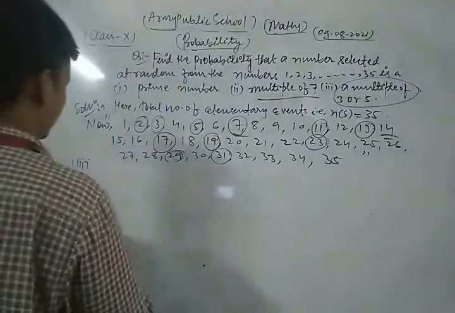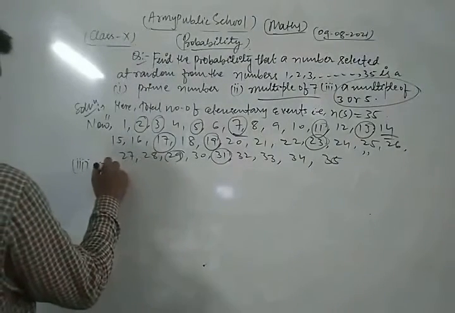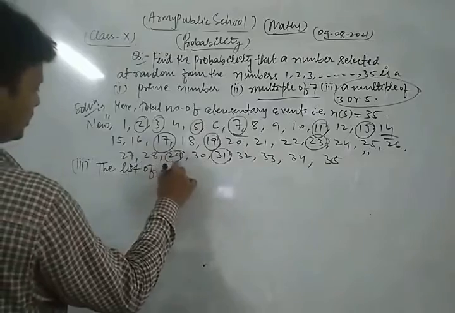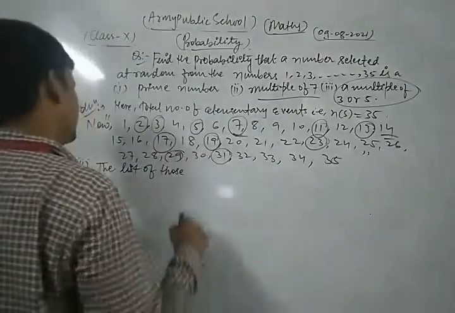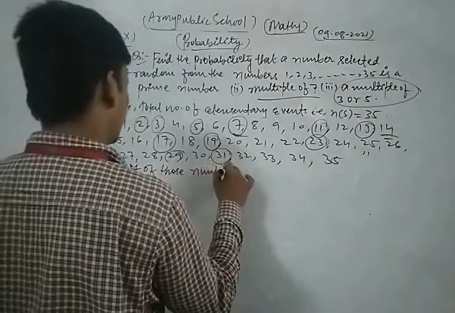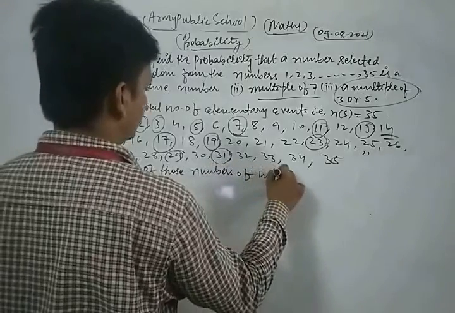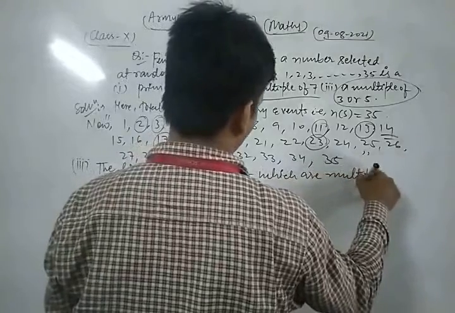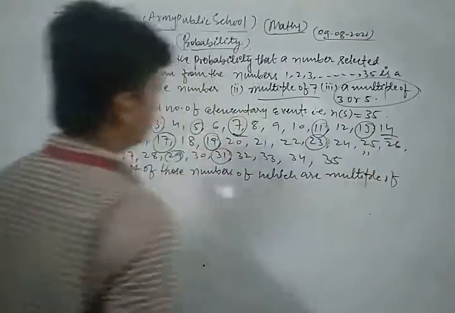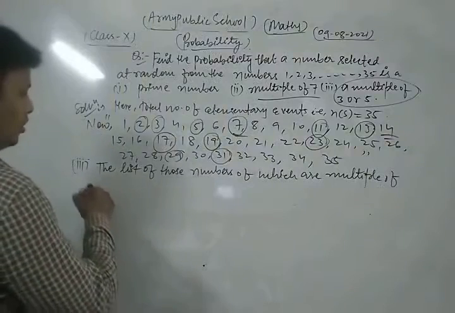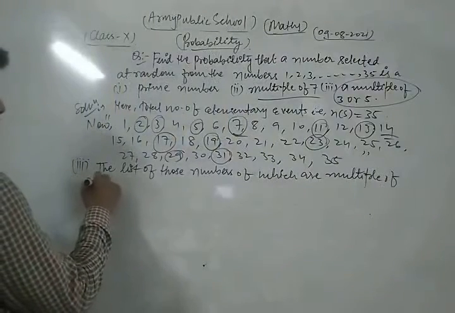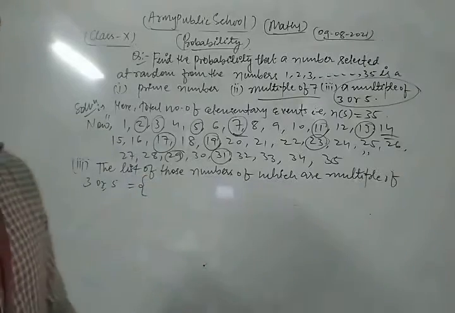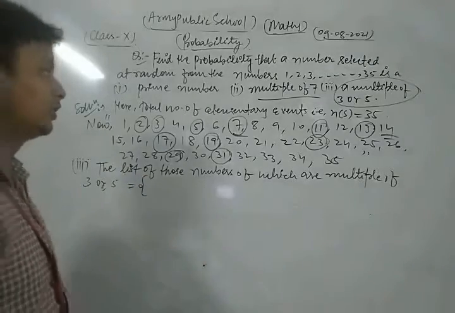Dear friend, first of all, the list of those numbers which are multiples of 3 or 5 is what? Let's see. Look, 3 or 5.